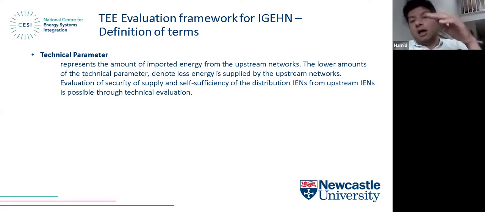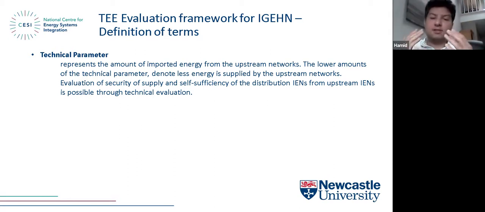If you are speaking about transmission level, the technical parameter means the amount of energy imported from either natural resources or from import to the country, basically the amount of energy imported from one upstream step to these level networks.